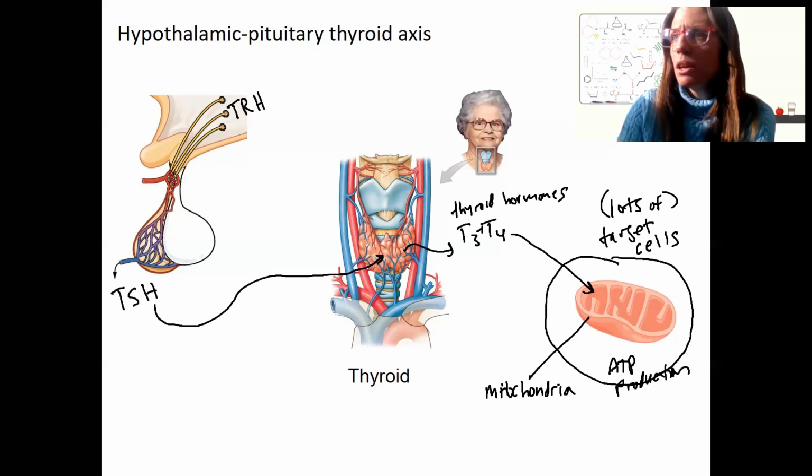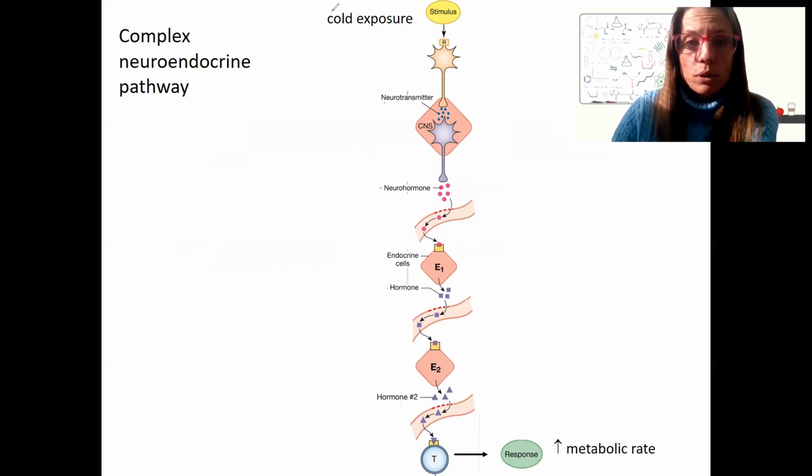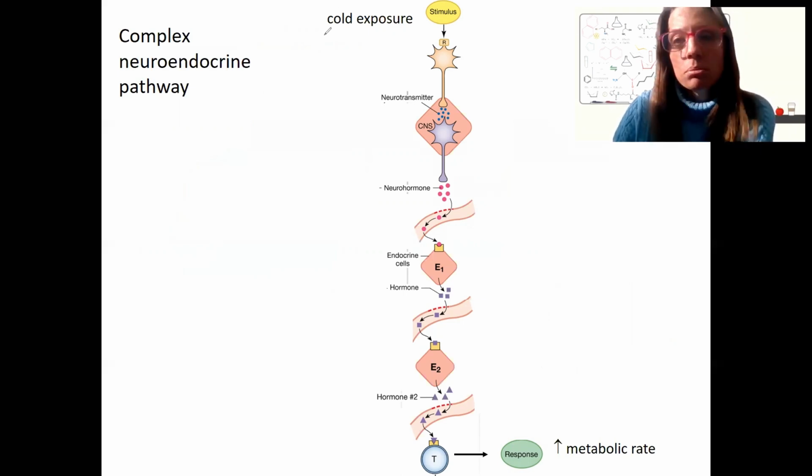That's the basics. Let's see a drawn out stimulus and effect of this. So this is an example. We've seen these of a complex neuroendocrine pathway. One stimulus for thyroid hormone is cold exposure. So if you're cold, what do you need to do? Increase metabolism, right? So that's a stimulus for this.